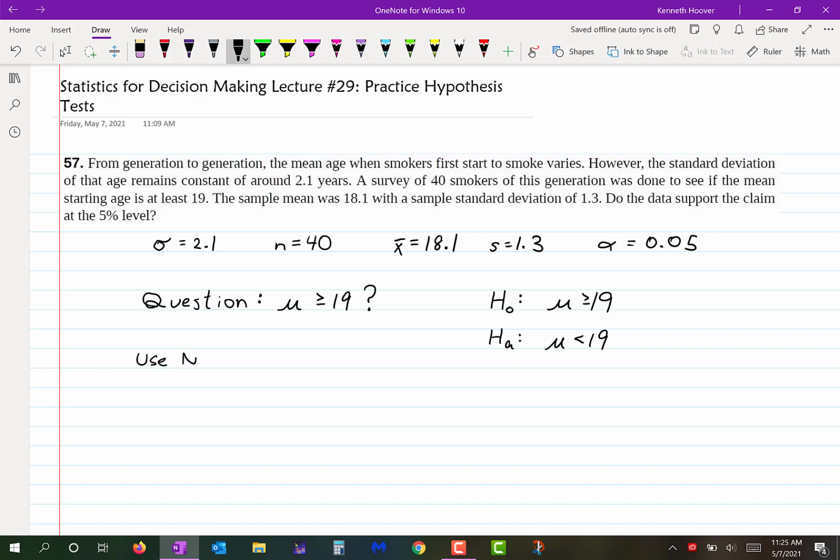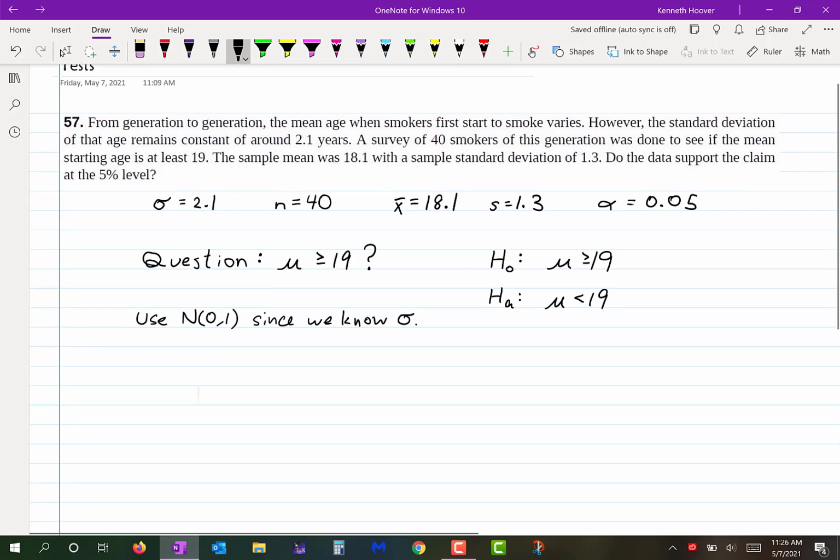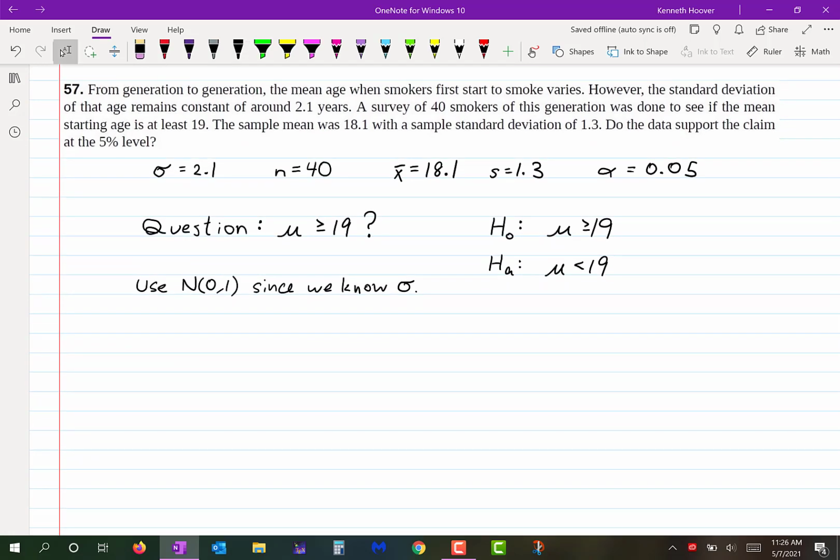Use the standard normal distribution since we know sigma. Okay, so very little work involved. All I have to do is imagine the standard normal distribution.